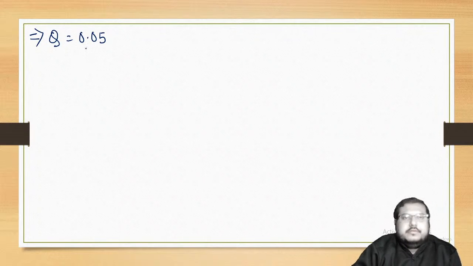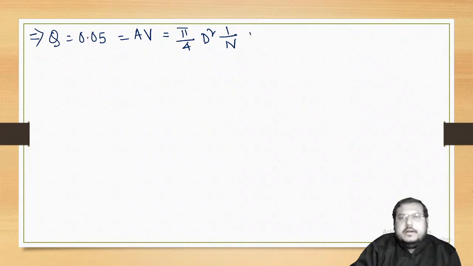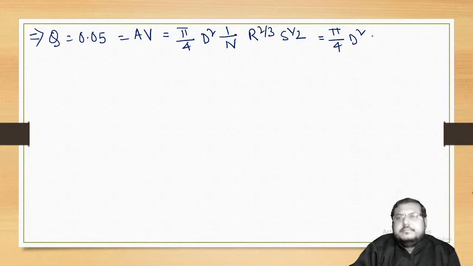First, they're asking to find out the diameter. Q is equal to capital A into capital V. What is capital A? Pi by 4 D square. And what is capital V? 1 by n R to the power 2 by 3 S to the power half. This is pi by 4 D square into 1 by n, D by 4 to the power 2 by 3, S to the power half.